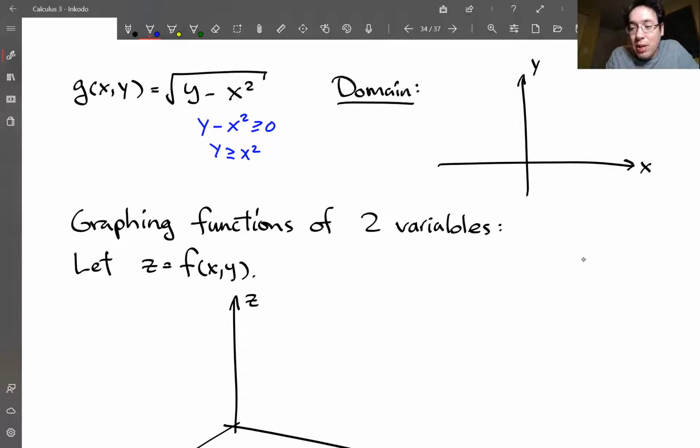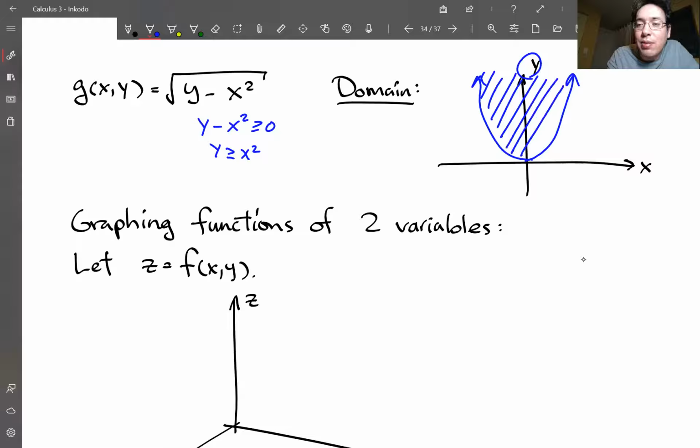So y equals x squared is a parabola. It looks something like this. And y is greater than or equal to that curve. So if y is greater, that means we're looking above, right? I can shade in above this curve. And that's going to be the domain for this function.